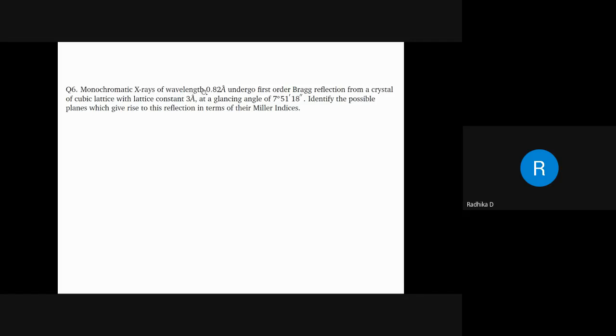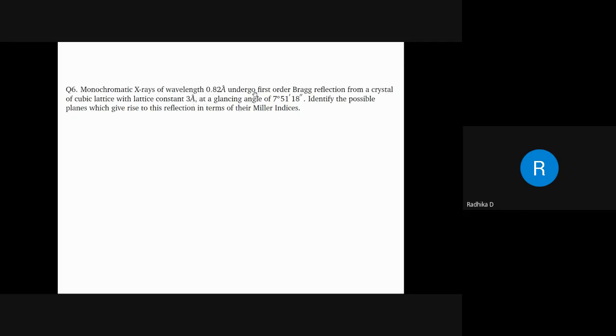Monochromatic X-rays of wavelength 0.82 angstrom, so lambda is 0.82 angstrom, undergo first order Bragg reflection, so n is equal to 1, from a crystal of cubic lattice, that means cubic system, with lattice constant 3 angstrom, that means a is 3 angstrom.